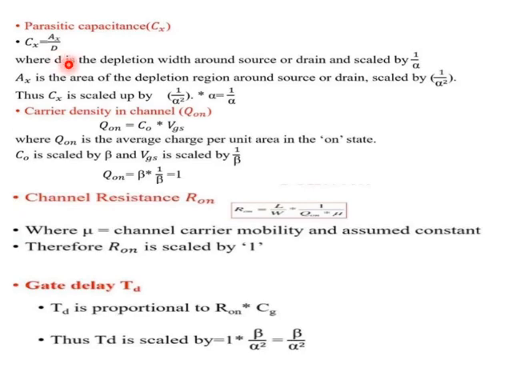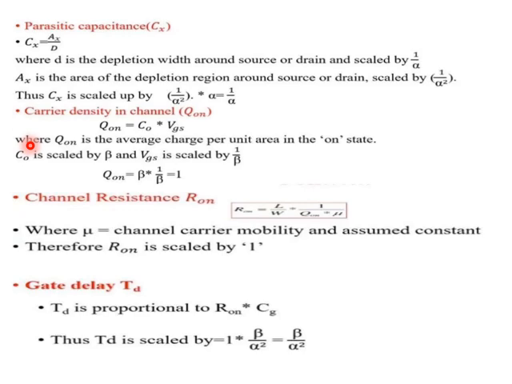Ax is the area of the depletion region around source or drain, which is scaled by 1 by alpha square. So Cx, parasitic capacitance, is scaled by 1 by alpha square multiplied by alpha, that is 1 by alpha.